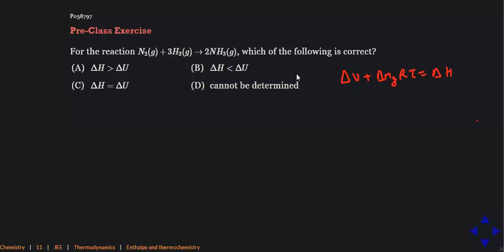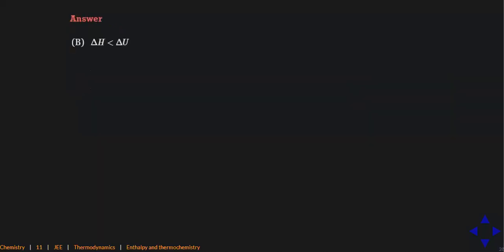Yes, very good. It is negative. So ΔH is equal to ΔU minus 2RT. Got it, everyone? So yes, the answer should be B. Got it?